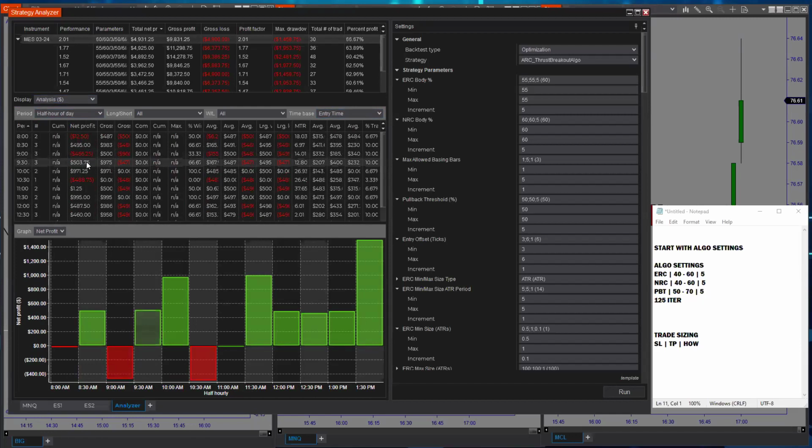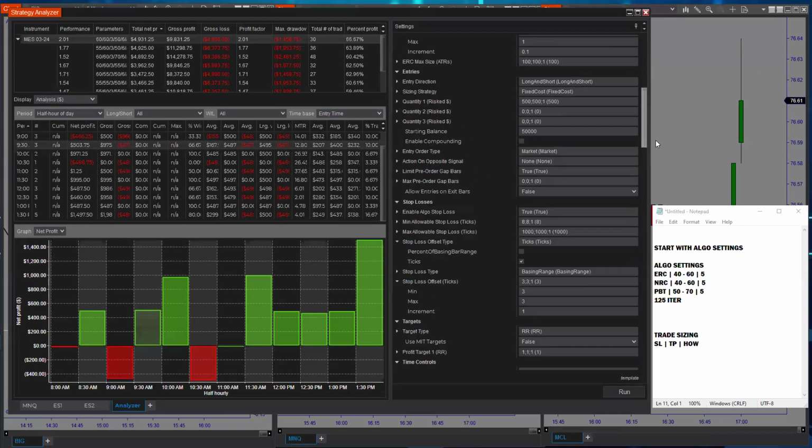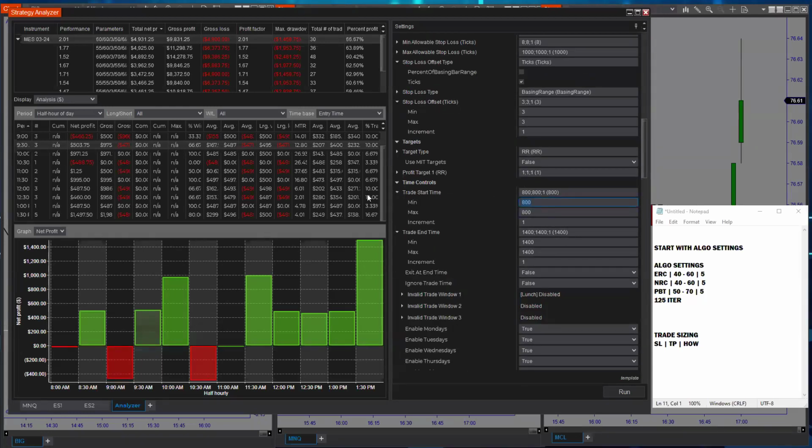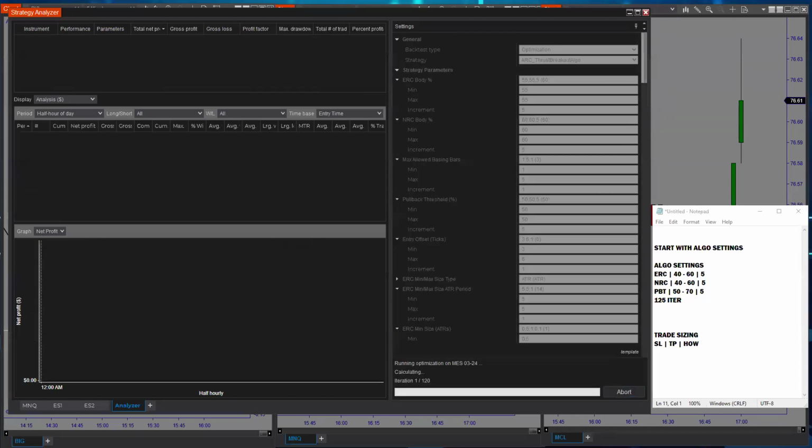So does it make sense to trade from 8 to 9:30? Nope. I would still keep this in because odds are we can filter that to get the numbers to come up. But I'm going to go ahead and change the start time now to 9:30. And we'll go with that. Cool. Let's go ahead and run it.